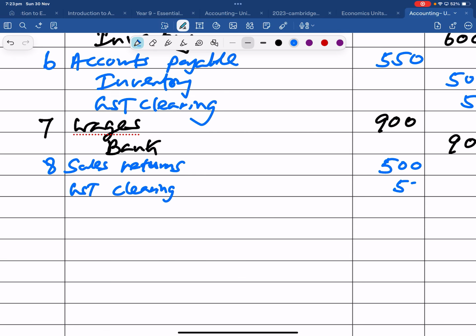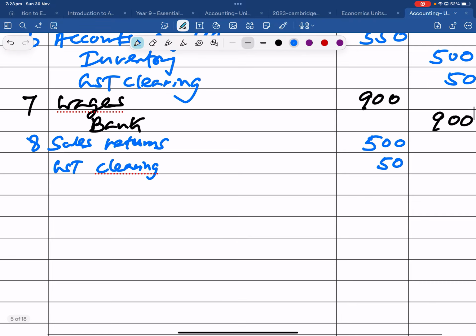Why do we debit GST clearing? Because it's returning, so it's increasing? No, decreasing. Yes, because when we sell, GST clearing increases, but when the customer returns it, the GST liability that we should have paid decreases.